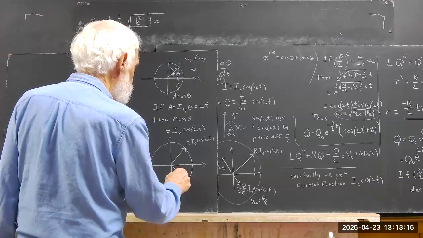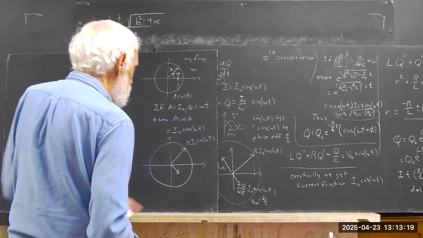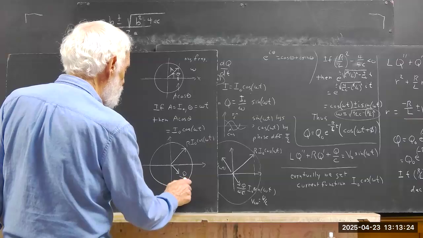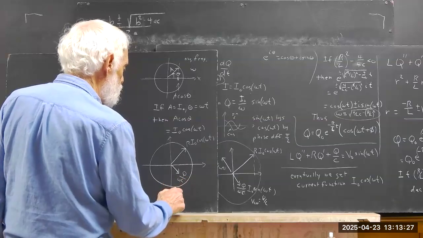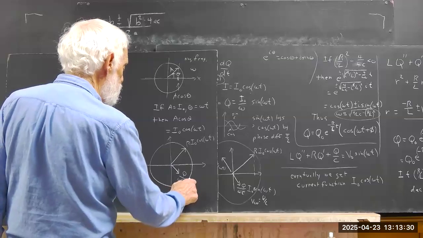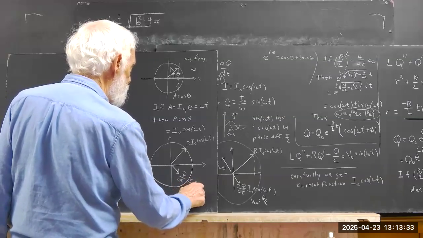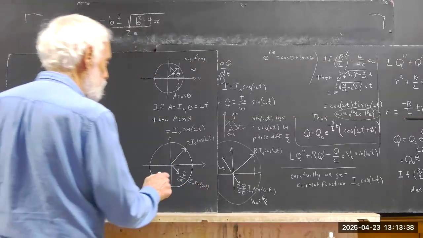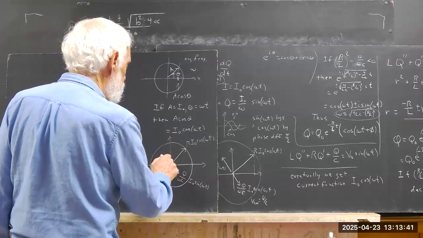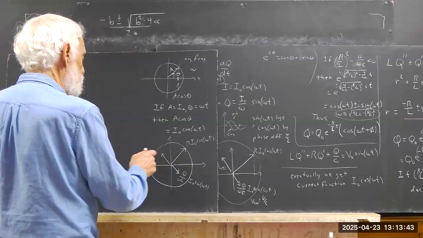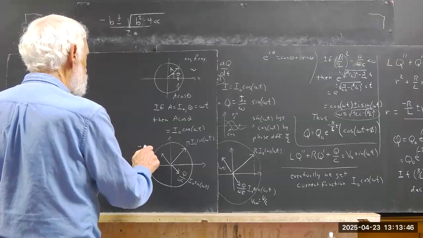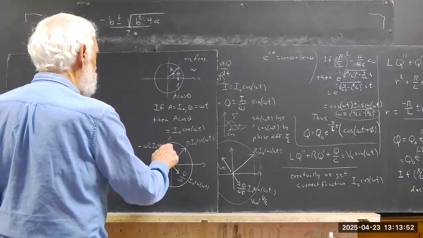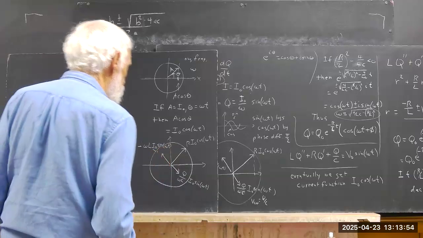Down here, I have my voltage across the capacitor, which is Q over omega C times I naught sine of omega t. This one here, as we said, is negative omega L I naught sine of omega t.